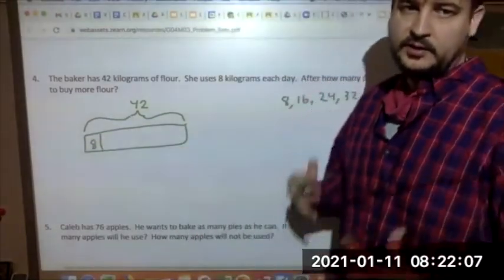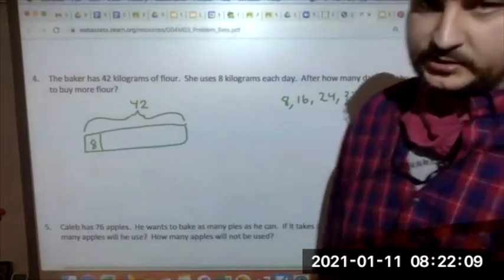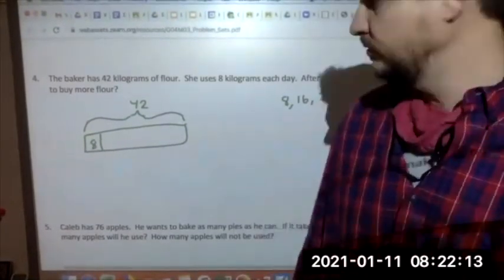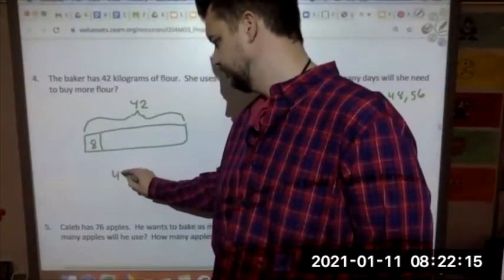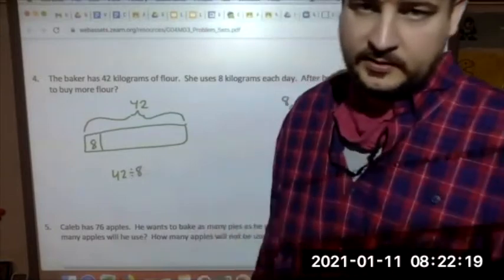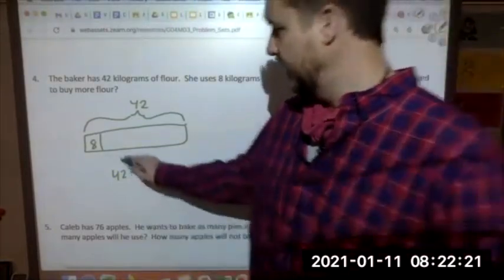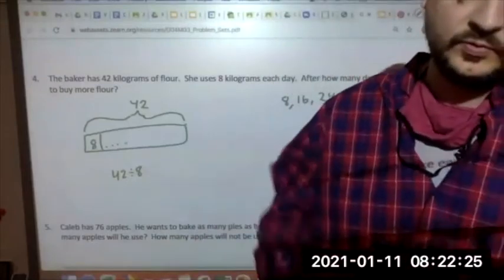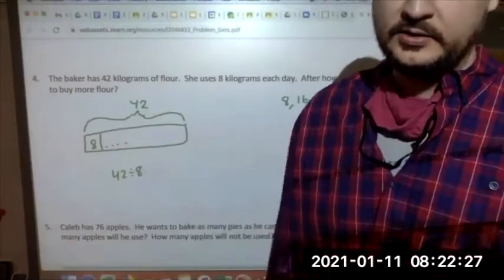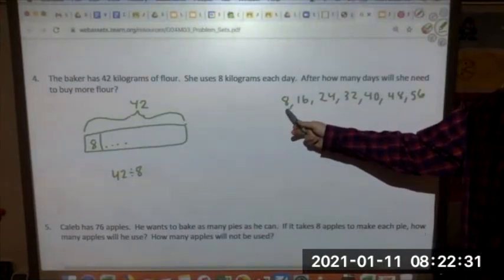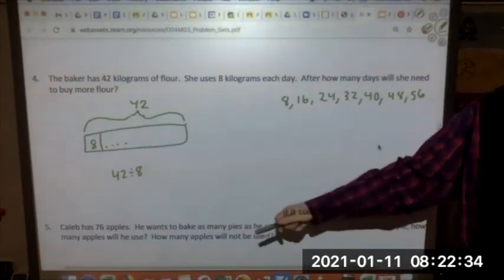Remember, division is just repeated subtraction. So when we're thinking about 42 divided by 8, we got to think of all the multiples that can go into 42 dealing with 8 because we're just repeatedly subtracting 8. So if we look at our list, we could use 8, but then we would keep going.